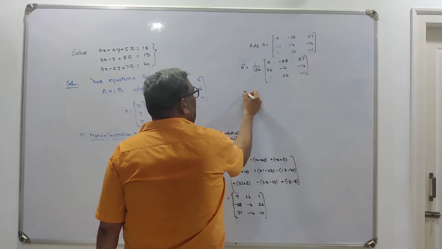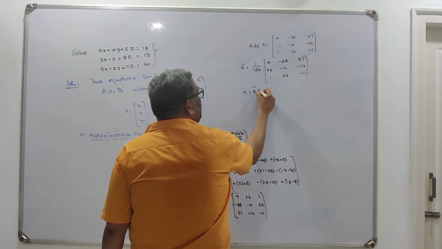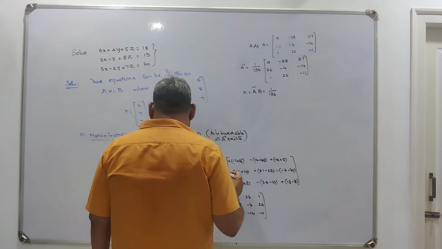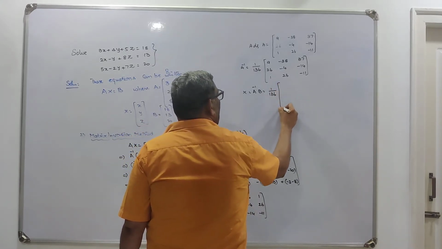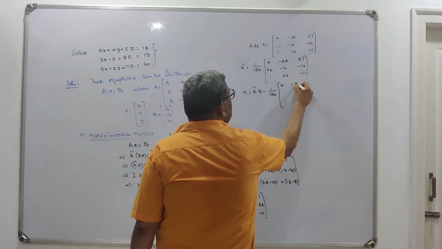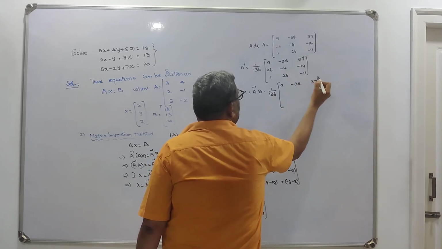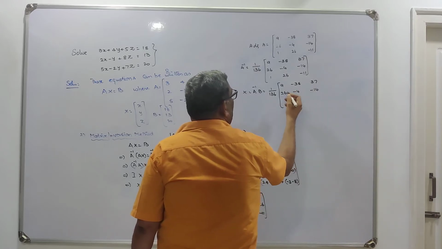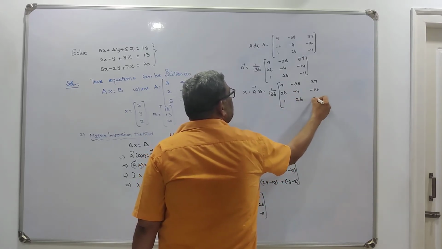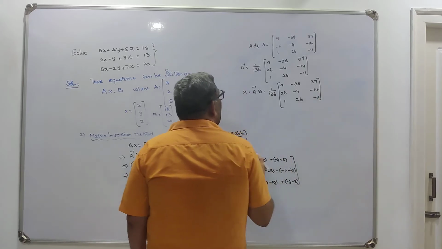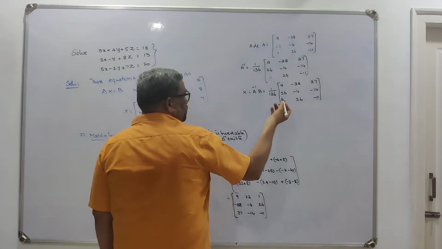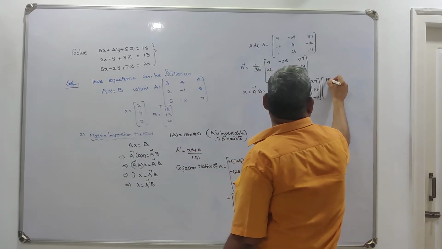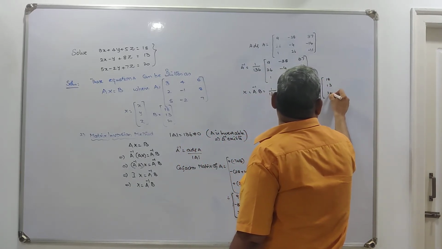Now our x is equal to A inverse B, that is 1 by 136 into A inverse times B. What is B? B is 18, 13 and 20.